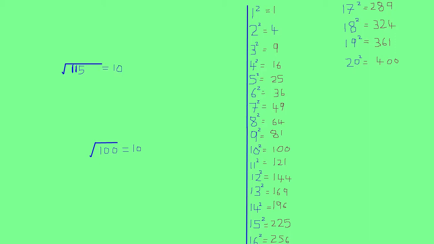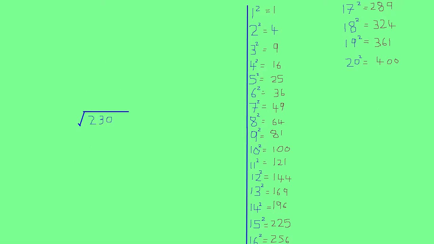We minus 115 from 100 to get the numerator. After we minus we got 15. So 15 is our numerator. We now double the whole number 10 to get the denominator. Working out the answer we get 10.75 for the square root of 115.